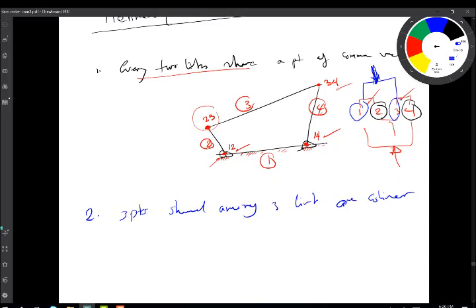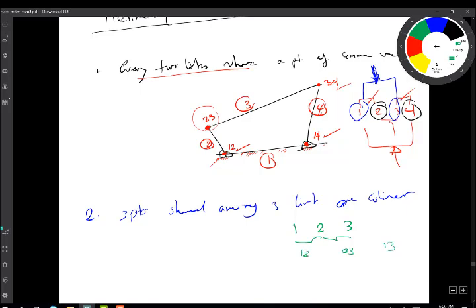For example, I have here links 1, 2, 3. So they have 3 points: there is 1, 2, there is 2, 3, and there is a third point, which is 1, 3.